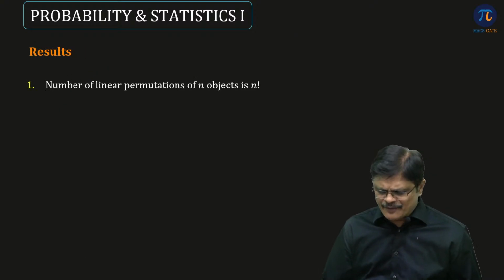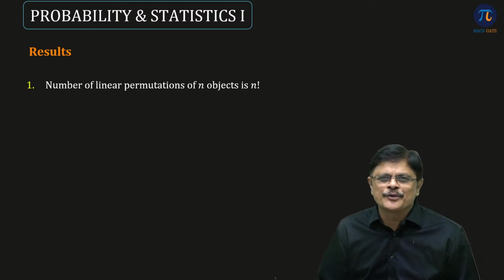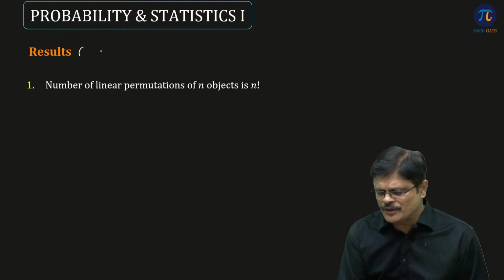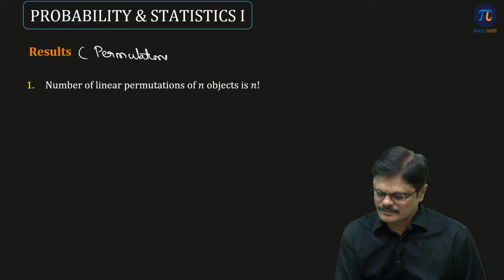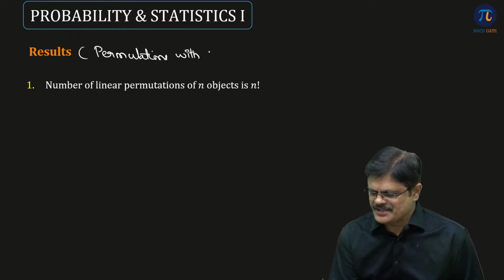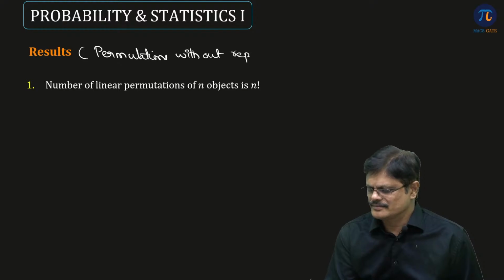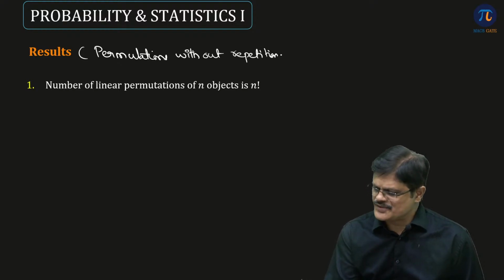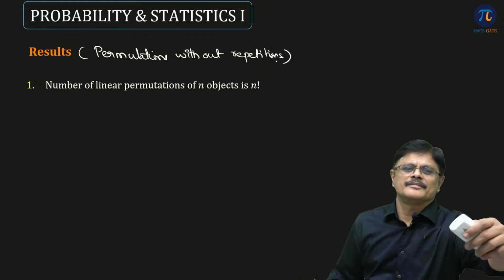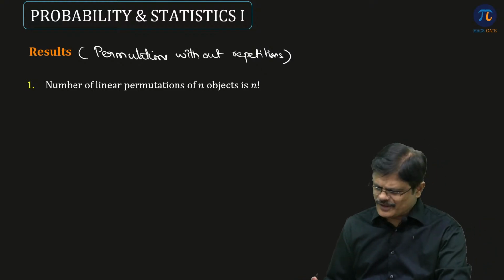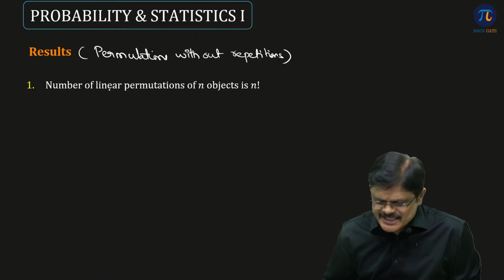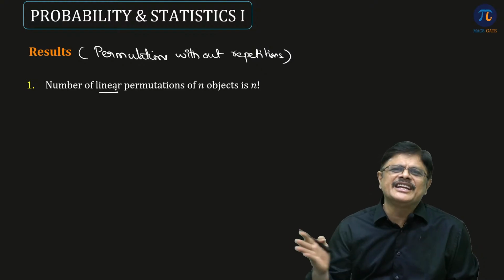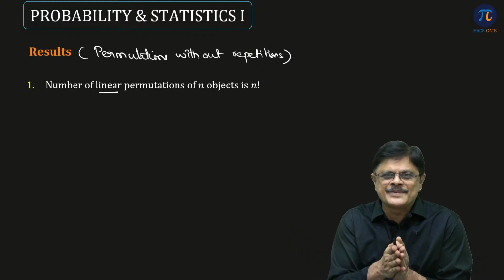And here we have 2 important results. First we discuss permutations without repetitions. See, by default, permutation means linear permutation, that is, we are arranging the objects in a line.